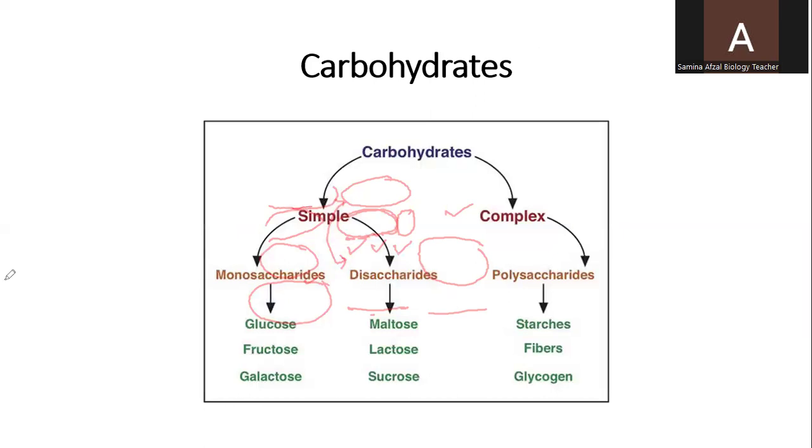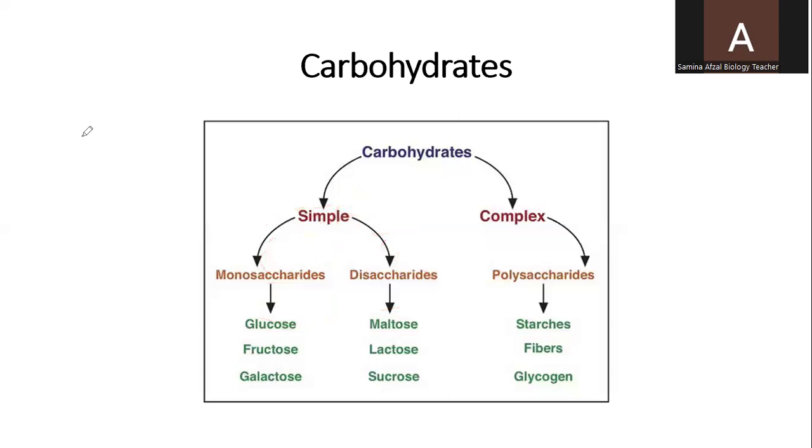In the second slide, I would like to discuss the different types of carbohydrates. They can be divided into two major parts: simple carbohydrates and complex carbohydrates. The simple ones are further divided into monosaccharides and disaccharides.